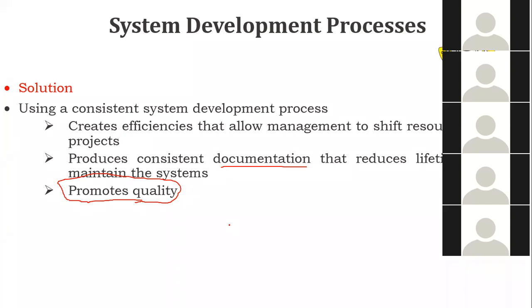When you have a particular methodology in your system development life cycle, you're essentially forced to continuously evaluate each stage to see if you are achieving the set objectives or specified requirements.